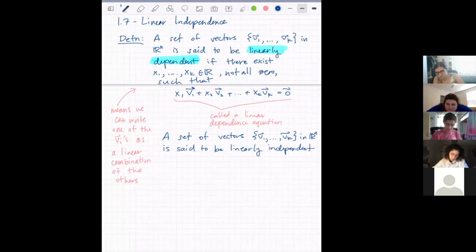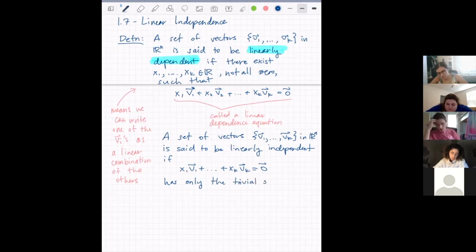I mean, we could just say it's linearly independent if it's not linearly dependent, but let's be a little bit more specific than that. So linearly independent if this equation, so same equation as before, x1 v1 up to xk vk equals 0 has only the trivial solution, meaning x equals the 0 vector, right?